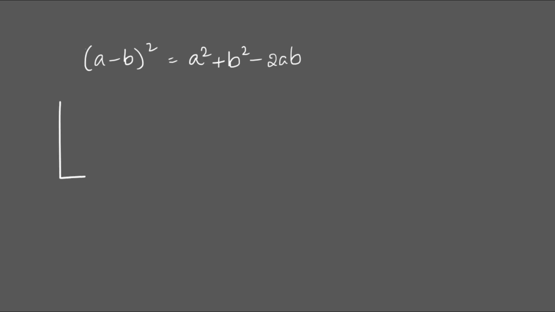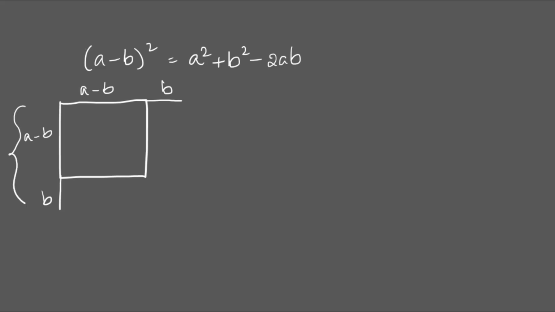Let us consider a square of side a minus b. If we add a length of b, the whole side of the square becomes a.